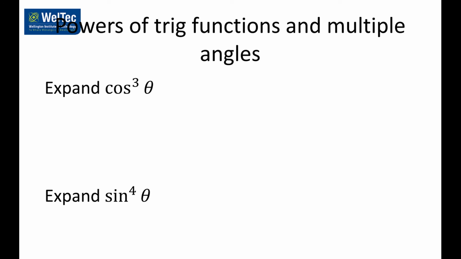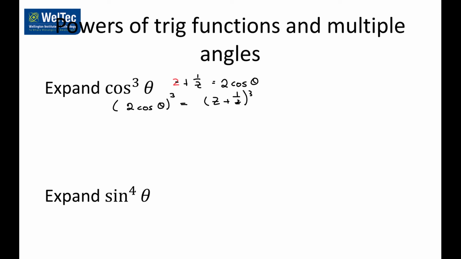Now again, we start in an odd place, and once you've seen it done once, then you know where to start. We know that z plus 1 over z is equal to 2 cos theta from the previous slide. So that means that 2 cos theta cubed is the same as z plus 1 over z cubed.